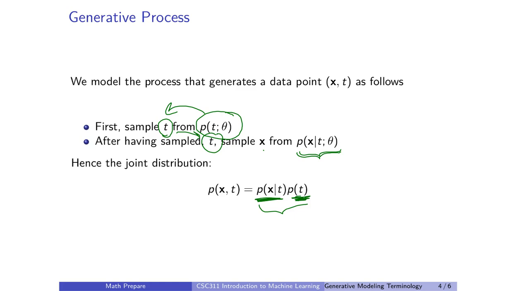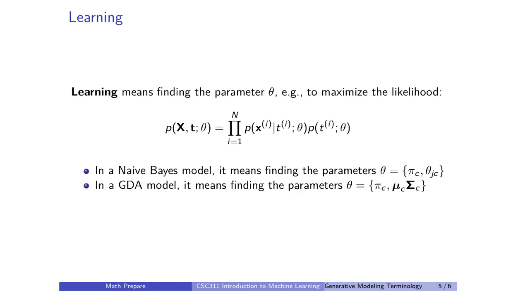So let's talk about learning and inference. We've talked a bit about learning already. Learning means finding the values of our parameters, for example, by optimizing, maximizing the likelihood. It could be by maximizing something else as well, but the point is we're finding the values of these parameters.